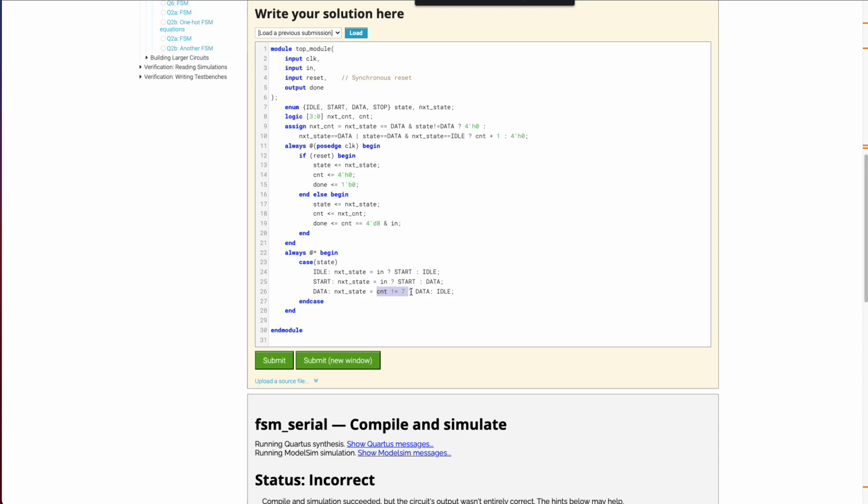So 8 cycles of data, count not equal to 7. So if count is 7, then that means we had a cycle of, so we start cycle 0. We had a cycle of 0, cycle 1, and then all the way up to 7 inclusive. So that's 8 cycles.